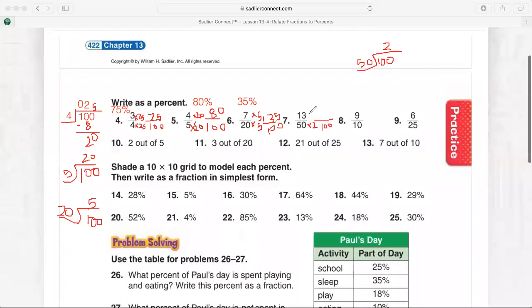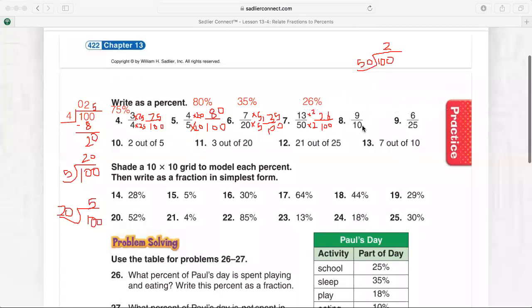So I'm going to multiply also 13 by 2. So it will be 26. So my answer here will be 26%.